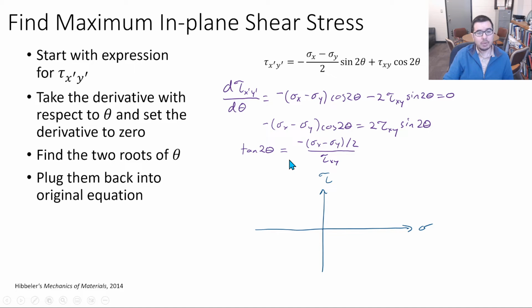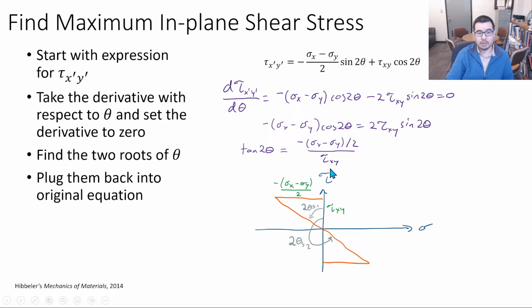And once again, to help us plug thetas back into the original stress transformation equation for the shear stresses, we can draw some triangles. If the numerator is minus (sigma x minus sigma y) divided by 2, that's our opposite.